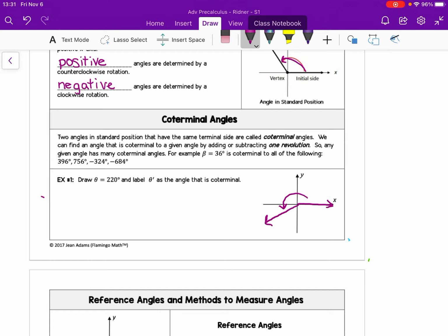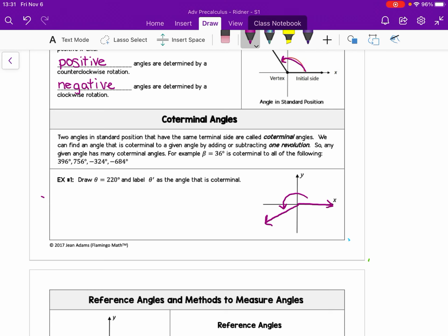If we want a coterminal angle, it could be in a positive degree or in a negative degree, and either one would be correct. To figure that out, we're going to add and subtract 360. Why 360?